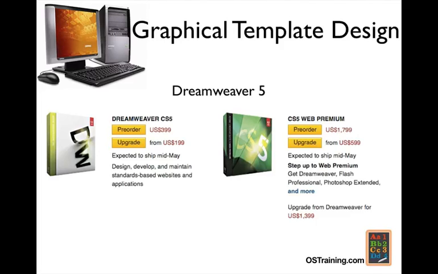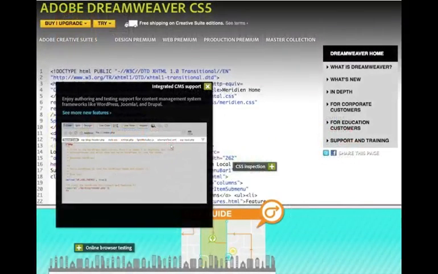The advantage to this is now Dreamweaver supports Joomla templating. So when you create a template in Dreamweaver using your sliced up Photoshop file, it will create all of the code that you need for a Joomla template. And this is a fantastic progression for Dreamweaver, recognizing content management support.